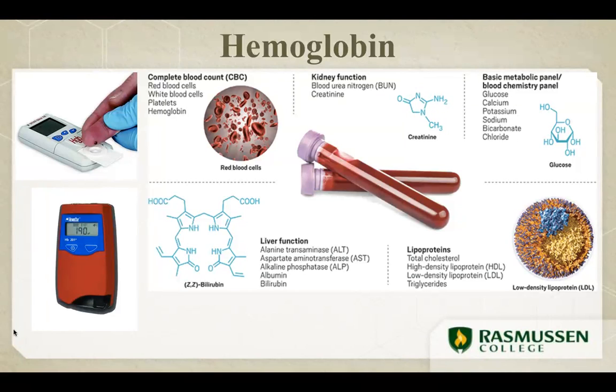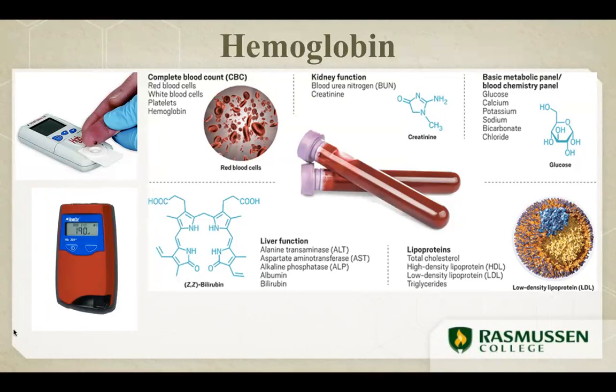A low hemoglobin may indicate an iron deficiency anemia, where elevated readings are present in patients with polycythemia, and in extreme situations, maybe someone such as having burns would have a high level. Now, a normal level for adult females is 12 to 16 grams per deciliter. For males, it's 14 to 18 grams per deciliter.